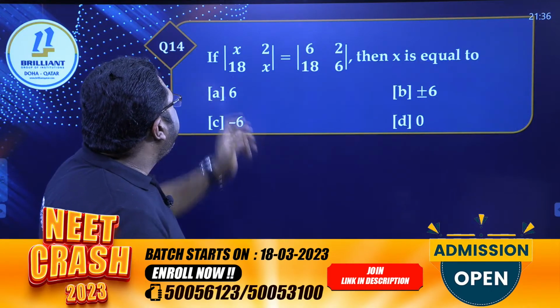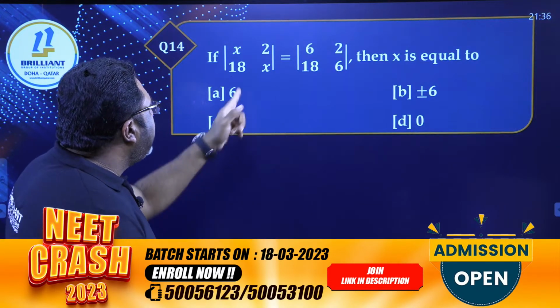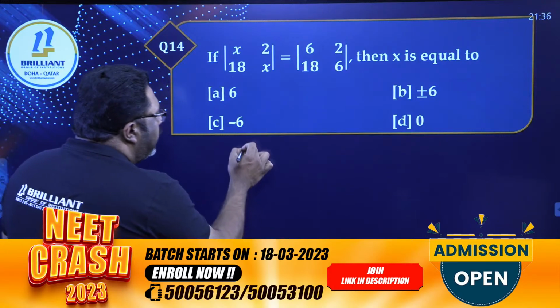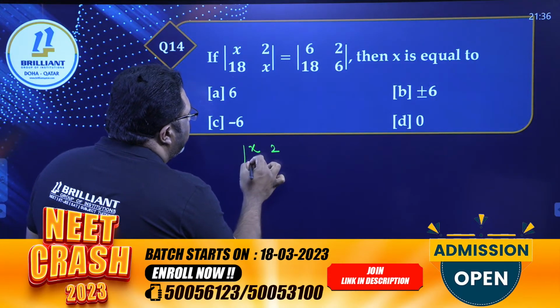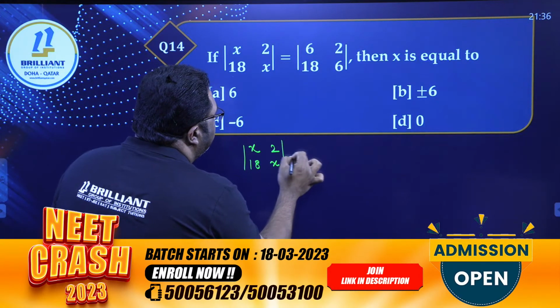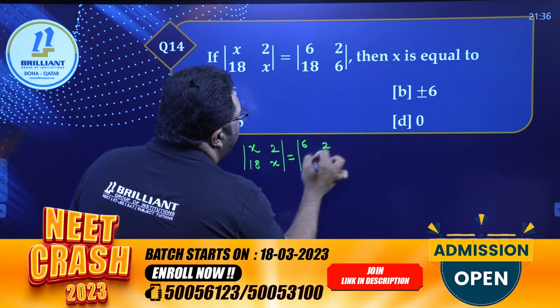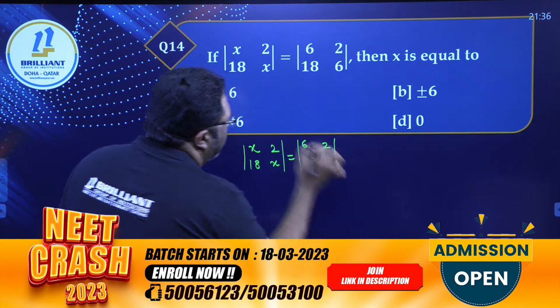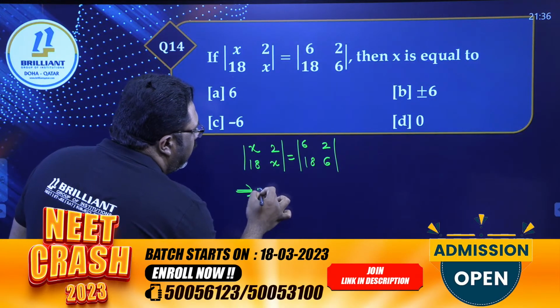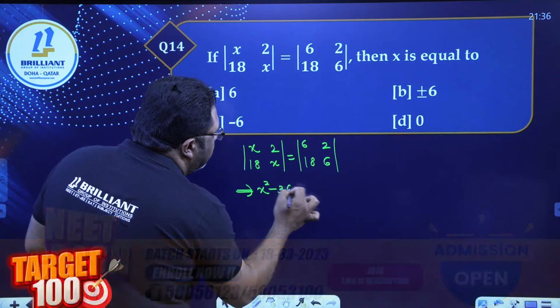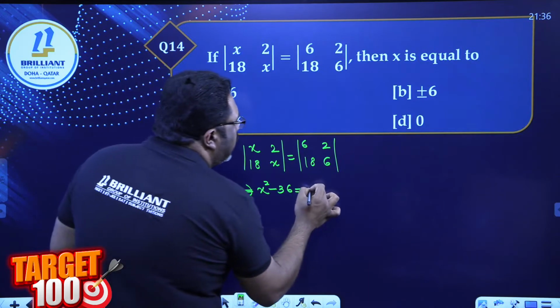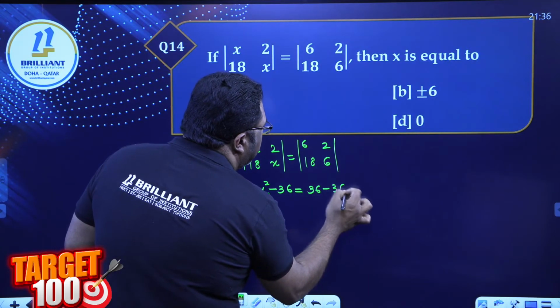Question number 14. Find the value of x if these two determinants are equal. Determinant of x, 18, x equal to determinant of 6, 18, 6. So x squared minus 36 equal to 36 minus 36.